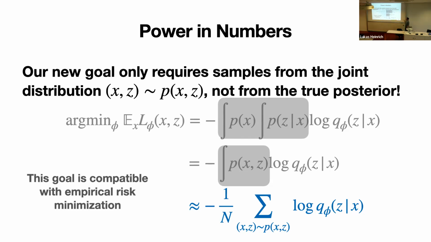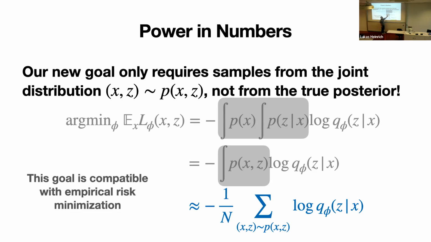Just to recap, if we do this integral without this, it's very difficult, because you cannot solve it in closed form since you don't know what this function p of z given x is. You cannot solve it using sampling methods because you cannot sample from p of z given x. But once we add this wrapping, things simplify, and it just requires an integral over the joint density.